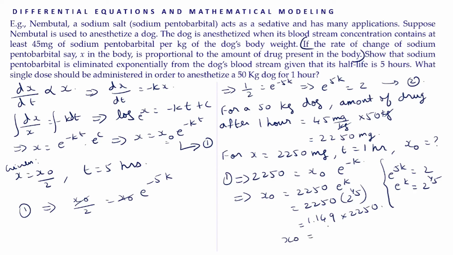So x naught is equal to 2585 mg. So if a single dose of 2585 mg is administered to a 50 kg dog, it will be in anesthesia for 1 hour. So the amount required to anesthetize a 50 kg dog for 1 hour is 2585 mg.